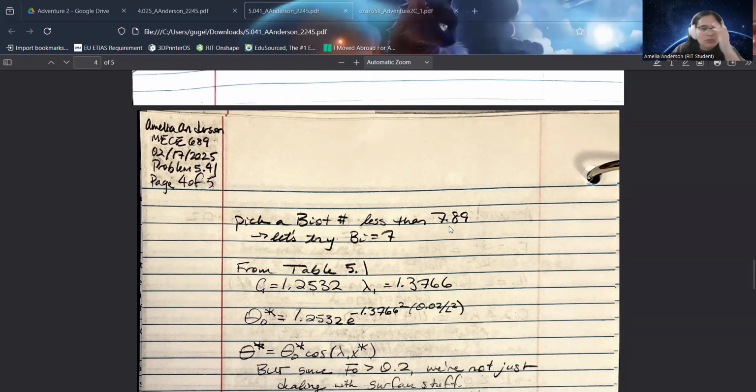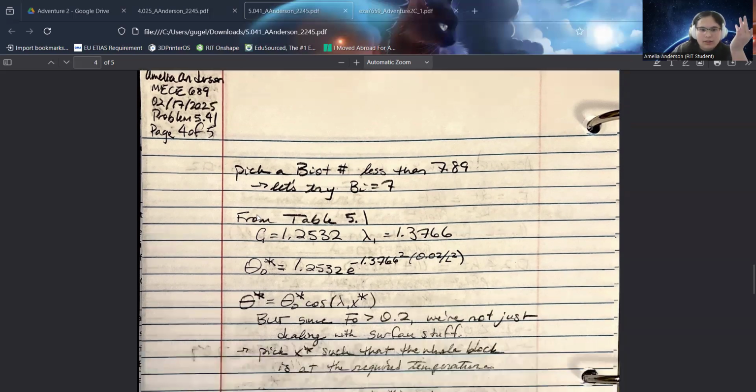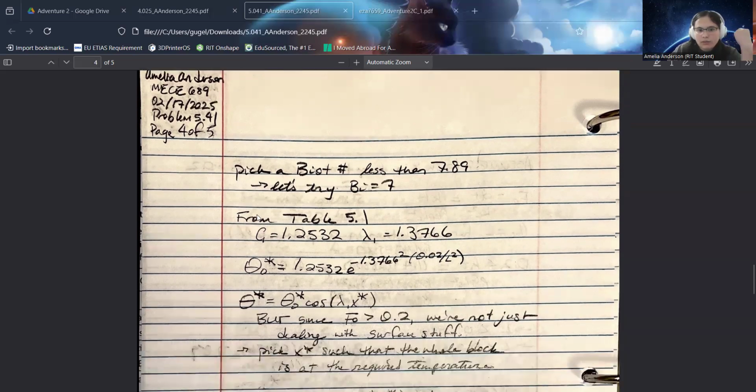So we try a Bi number of 7, and we find from table 5.1 again, go to the tables, use your tables. Don't be a mathematician, be an engineer. Get your constants, get your lambdas, figure out theta naught star is equal to this.